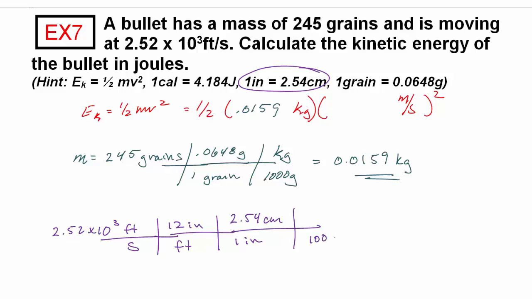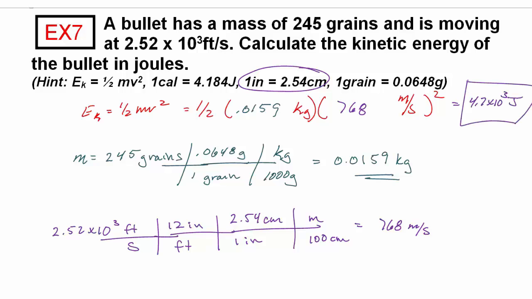And I know there's 100 centimeters in a meter. About 768 meters per second. So as a final answer, square the 768 times 0.0159 times a half, 4.7 times 10 to the third joules.